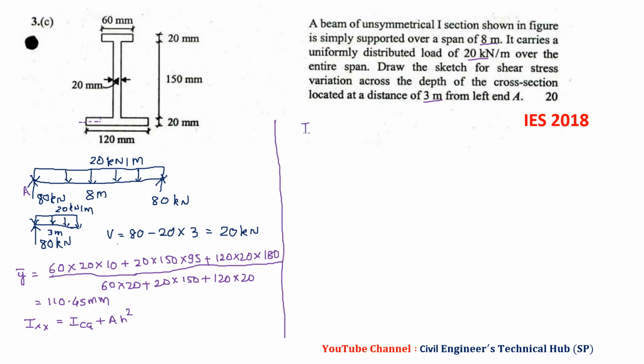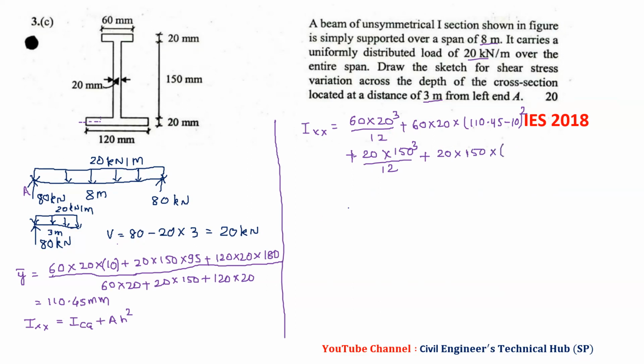So we will start with Ixx equal to I CG. First we consider the top flange: 60 into 20 cube by 12, plus 60 into 20 into 110.45 minus 10 whole square, where 10 is the value of y of the top flange. Plus the web: b d cube by 12, plus A into h square, 20 into 150 into, now we have the value 95.